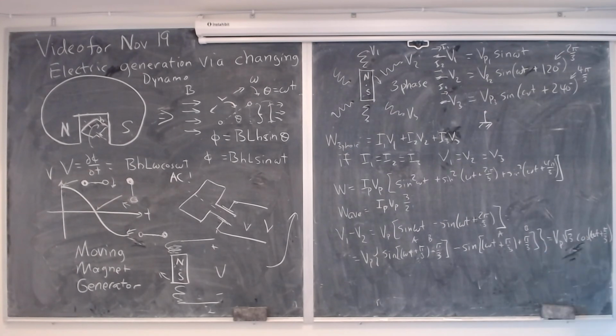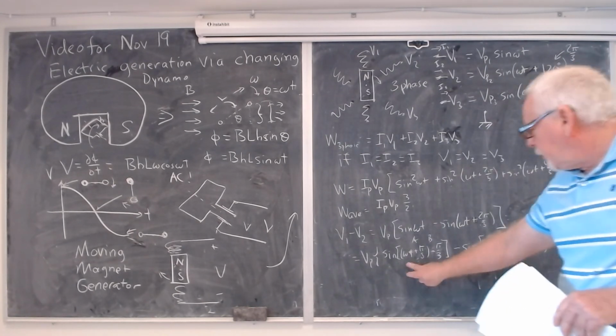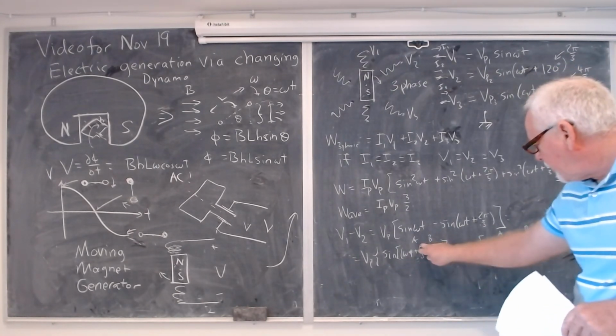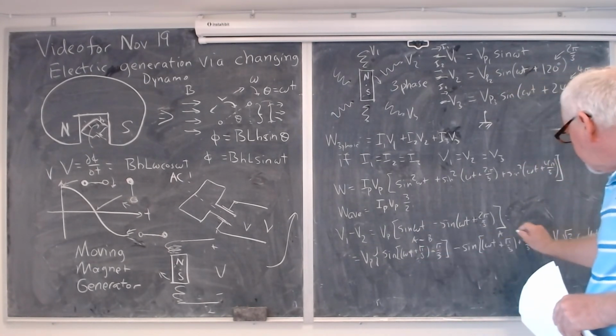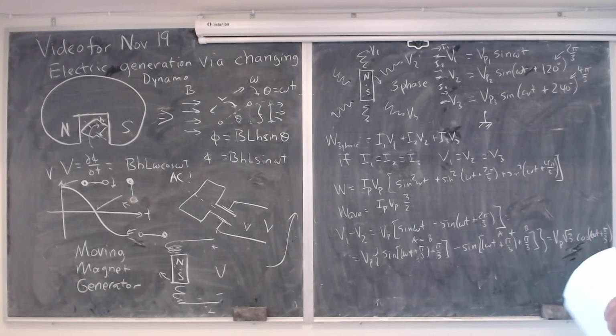Right. I have something else written here, but that has to be what it is. You just go through the expansion of sine of A plus B and A minus B, and you collect terms, and you come up with this.